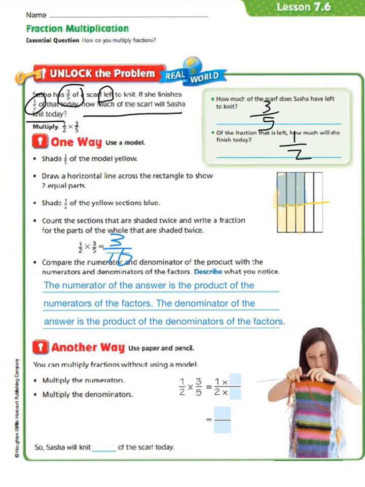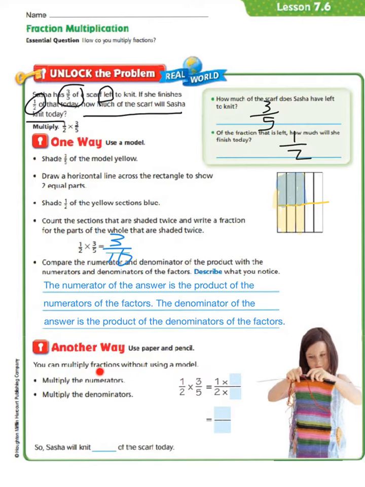So the one thing that we noticed is that the numerator of the answer is the product of the numerators of the factors. The denominator of the answer is the product of the denominators of the factors. So 1 times 3 equals 3, that is the product of our numerators, and 2 times 5 equals 10, which is the product of our denominators.